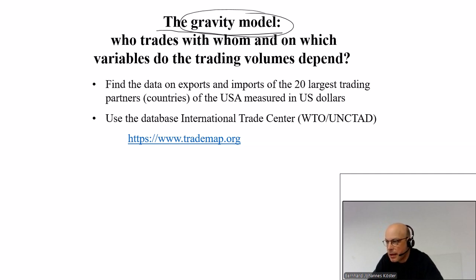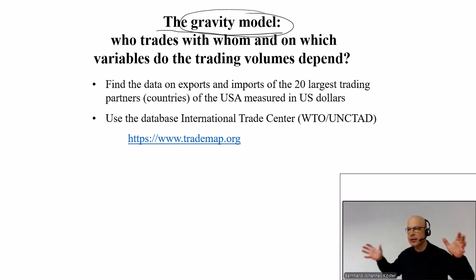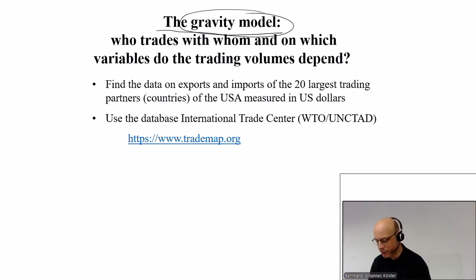I already said, we at first just have a look at how much and with whom we are trading, and therefore we need the data. We will start today with a little case study so that I do not just give you a diagram. Here are the trade relations of the United States. We will take the United States as an example, to start with where we can find how much and with whom the United States is trading.